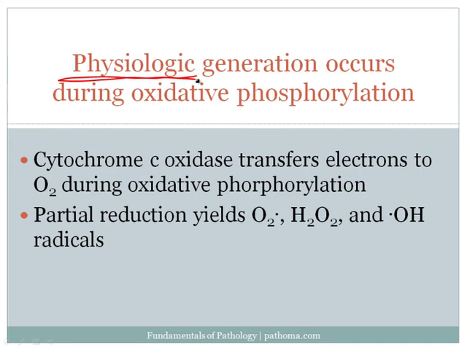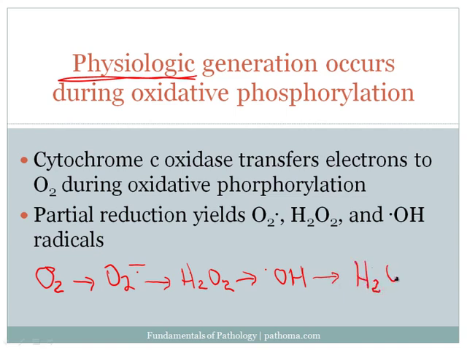So let's remind ourselves that if this is oxygen here, if oxygen accepts 1 electron, then it becomes something called superoxide. If it accepts 2 electrons, it then becomes hydrogen peroxide. If it accepts 3 electrons, it becomes hydroxyl ion. And if it accepts 4 electrons, it becomes water.